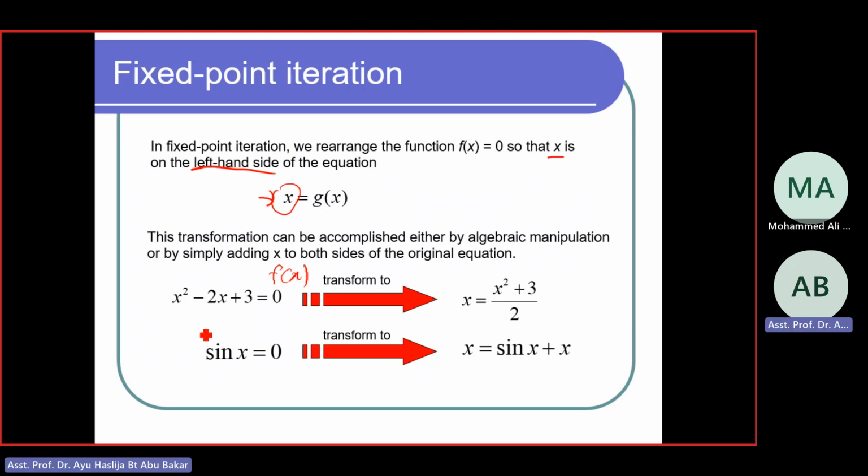Now in open method, you have to rearrange the equation so that you get x equals to f(x). So in fixed point iteration, you should rearrange in order to get x equals to g(x).